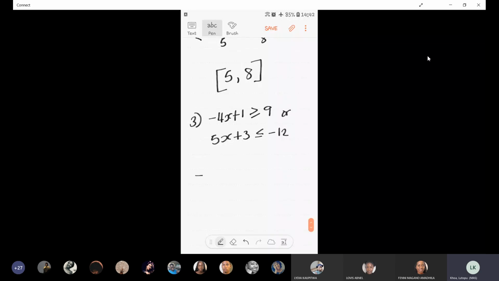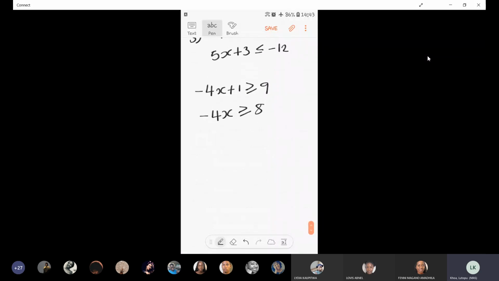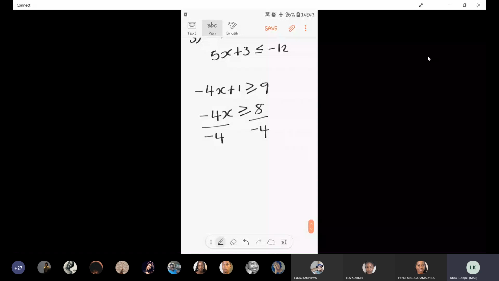The first one, I have minus 4x plus 1 greater than or equal to 9. Then I will subtract 1 on both sides. So I have minus 4x greater than or equal to 8. And then I'm going to divide by negative 4 on both sides. When I divide by negative 4 on both sides, the inequality must change direction.